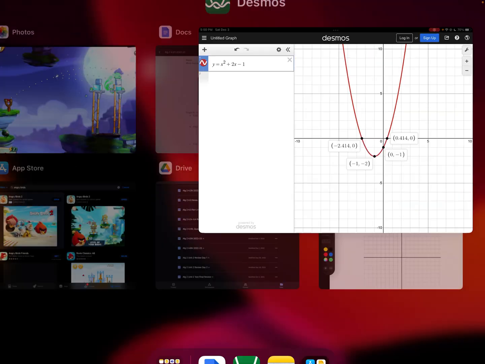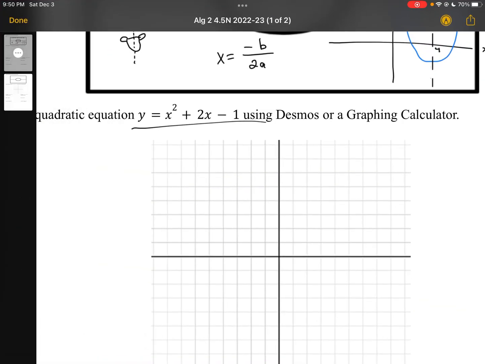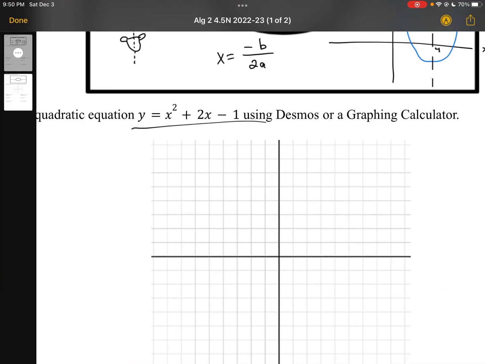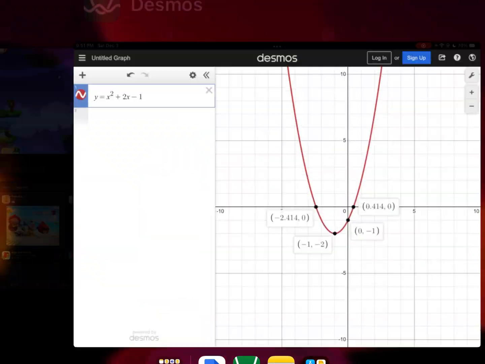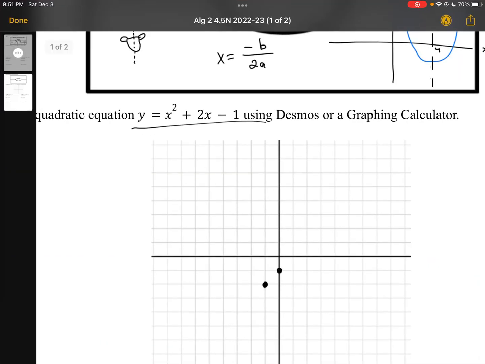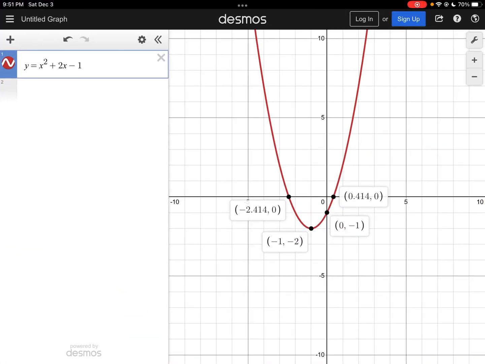So back to our notes here, we can see that we have our graph. So we'll just redraw this one quickly here, -1, -2. We had 0, -1. And I'll pause at the end to make sure we can get this in.